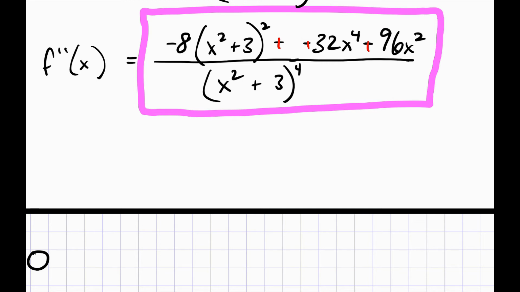So when I plug in -2, you might be able to do this in your head. I got to plug it in here, and here, and here. Over here, I get -2 squared, which is 4, plus 3 is 7, squared is 49.